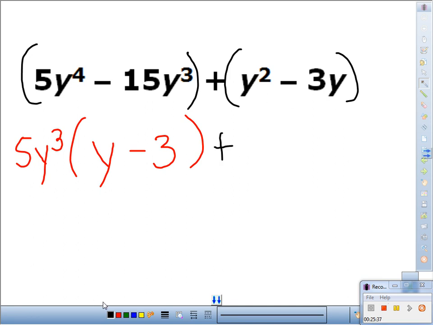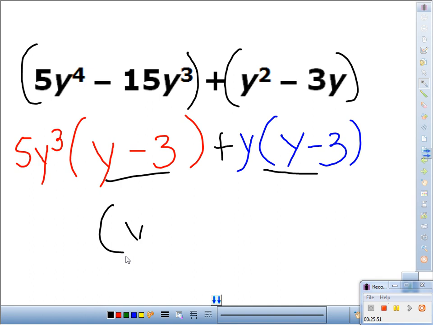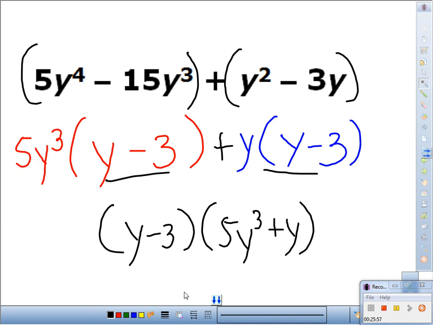Bree, what is the GCF for the second two? Y, and we're left with? Hands up if you got up to right there. Good. Therefore, my factors are, everyone, y minus 3 times 5y cubed plus y. And these are my factors. 1, 2.